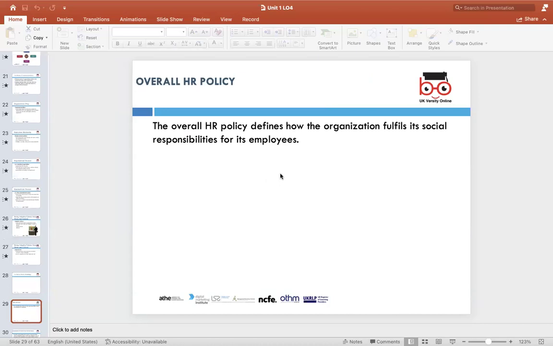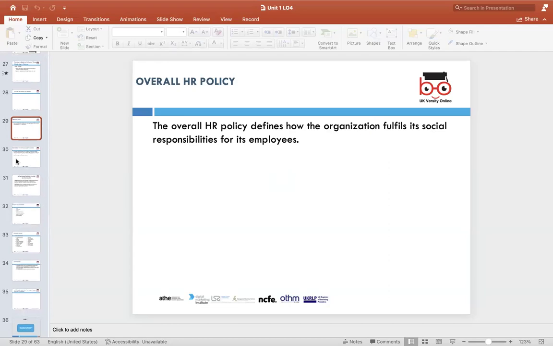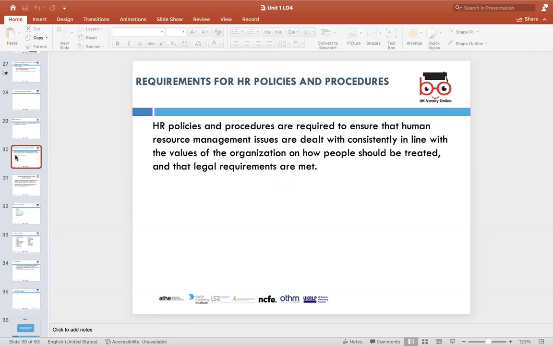Now, basically, the overall HR policy is based on a very simple decision. It determines or defines how the organization fulfills its social responsibilities for its associates. So they are seeing how this specific policy would play an important role in the organization's end goals. Then talking about the requirements of the HR policies as well.